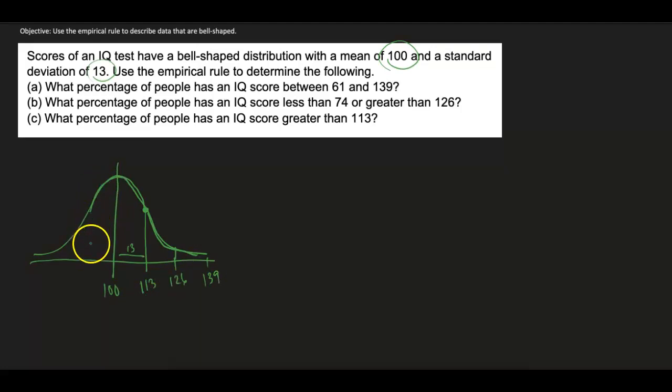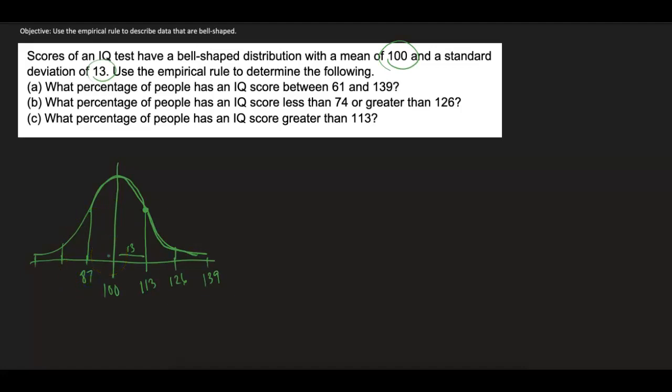I need to do the same thing below the mean. So 1, 2, 3 standard deviations. Again, roughly about the same distance. You could choose to draw in these vertical lines if you'd like or not. That's really a matter of preference. But this time, because it's below the mean, I'm going to be subtracting. So we'll do 100 minus 13, that is 87.